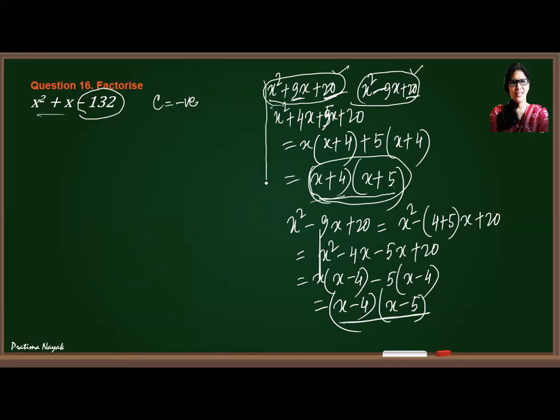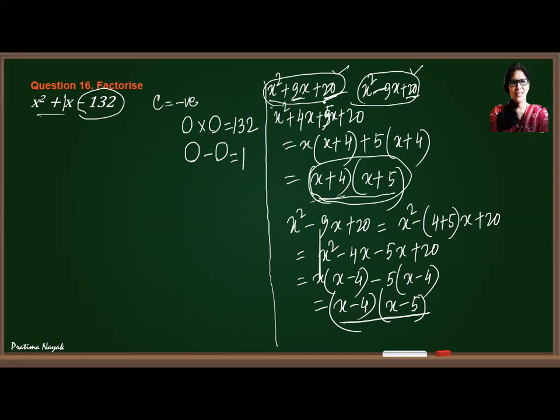So now I'm going for questions where C is negative. Then what I'll do, I'll think of two numbers whose product is equal to 132, but when the same numbers are subtracted, it gives you 1. Where is 1? 1 is the coefficient of x, B. We have to split 1 here as the subtraction result.